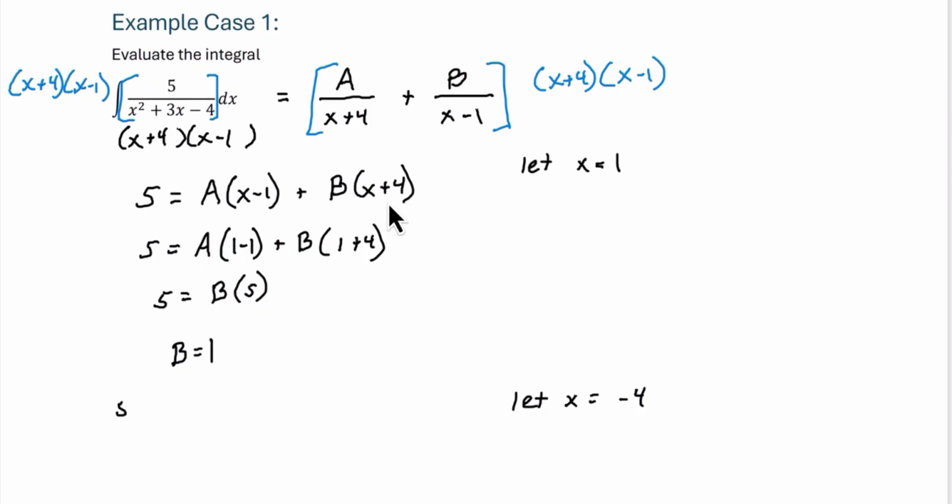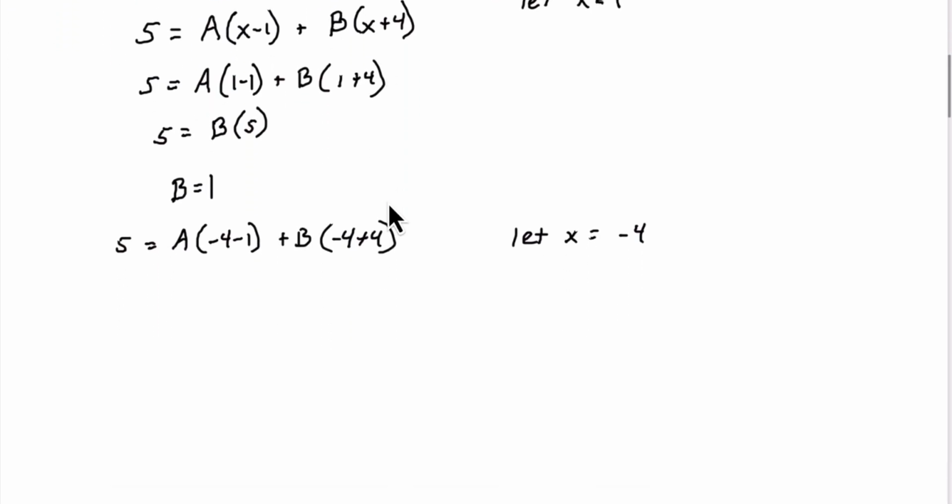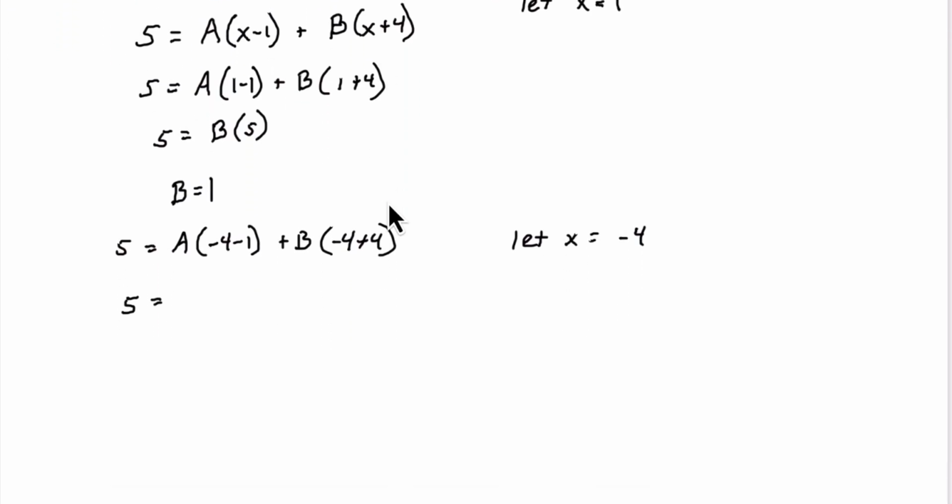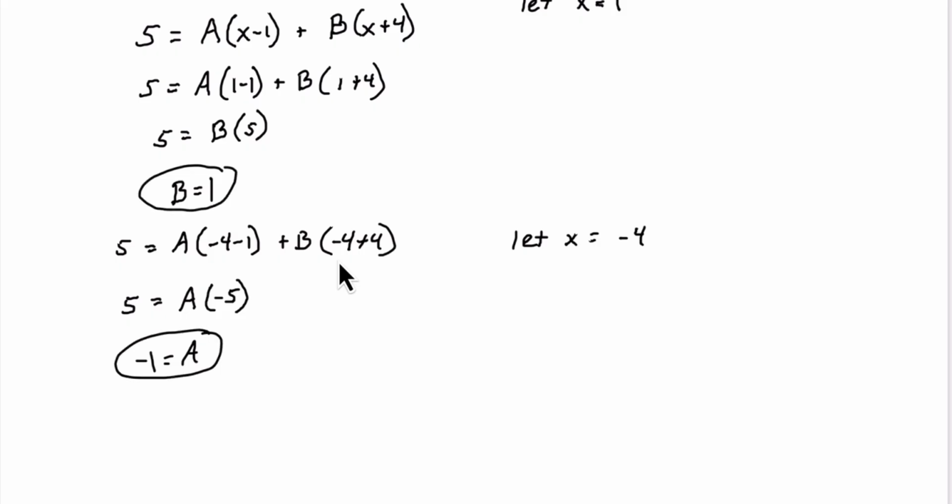Then we have 5 equals a times, replace x with negative 4, plus b times, replace x with negative 4, and we now have 5 equals a times negative 5 plus b times 0, that's going to go away. Divide both sides by negative 5, and we get that a is negative 1. So we've now found a and b.